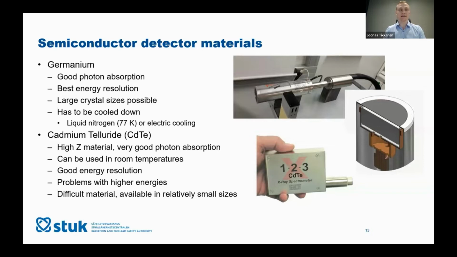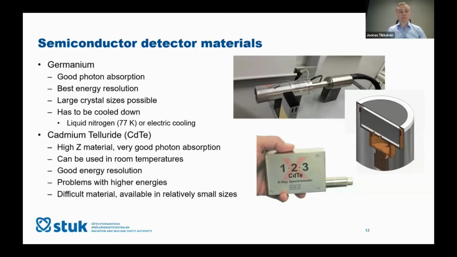It's I think the best that you can get with pretty much any type of detector. And also you can get it in large crystal sizes, which here is not that important, but it is possible. But the downside is that it has to be cooled down, which is done with liquid nitrogen, so 77 Kelvin, or electric cooling. So it really needs to be cooled down to very low temperatures so that it can be used.